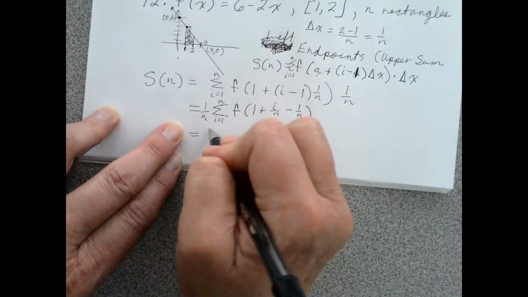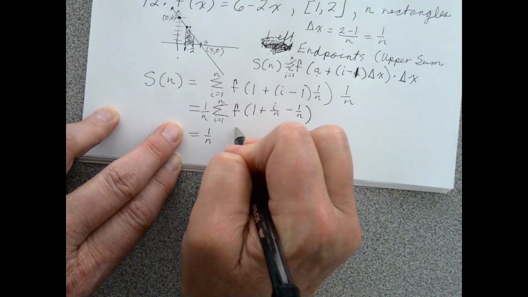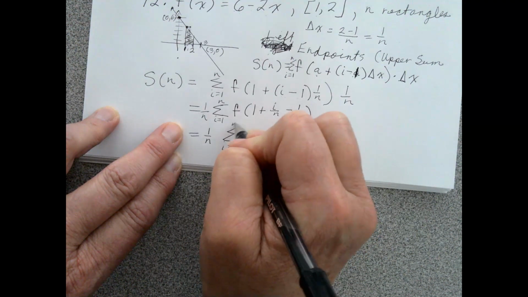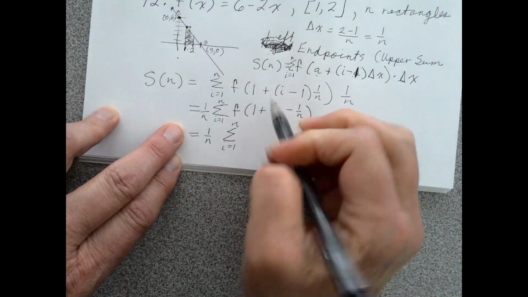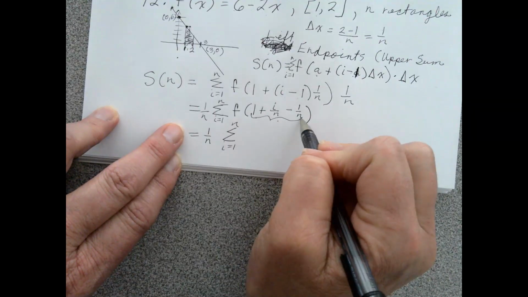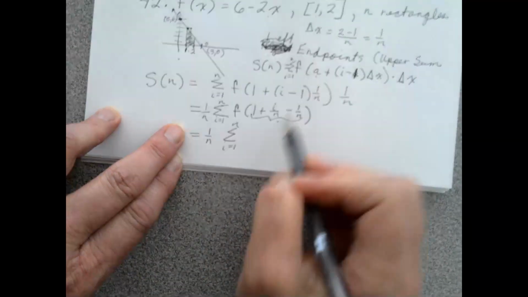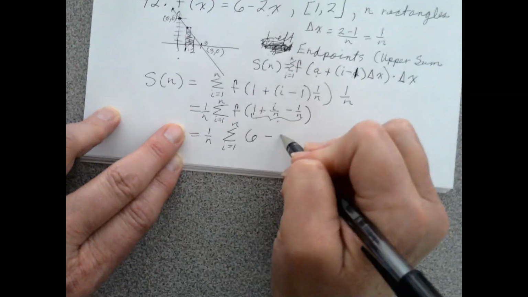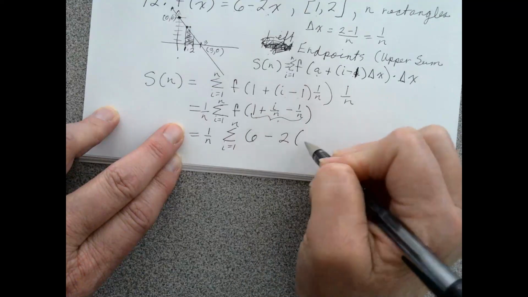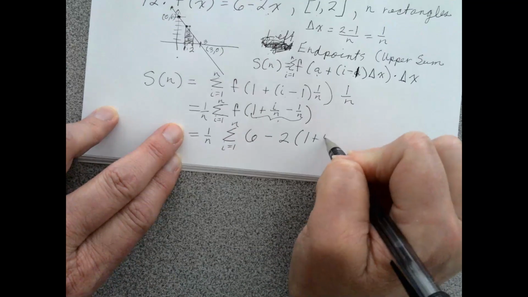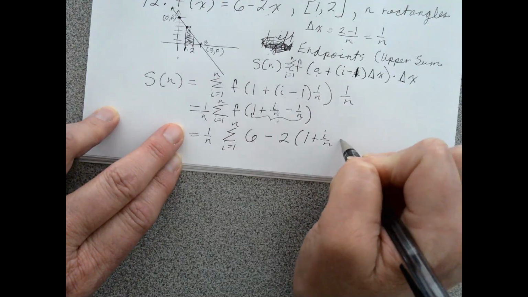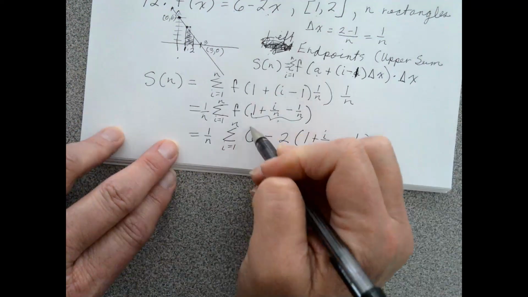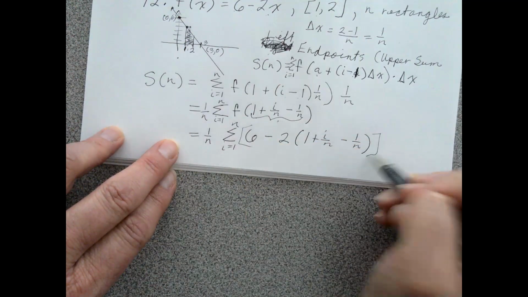So it's going to be 1 over n times the summation i equals 1 to n. So this, we're replacing x in the function with all of that. So it's going to be 6 minus 2 times all of that. So 1 plus i over n minus 1 over n. And that whole thing is what we're going to sum up.